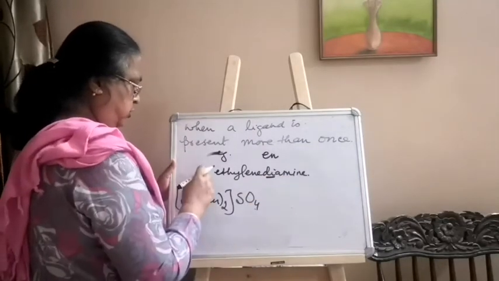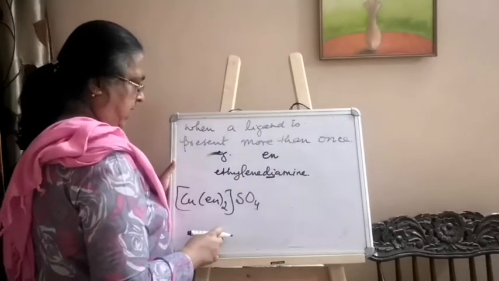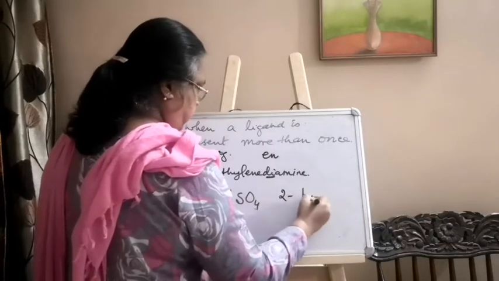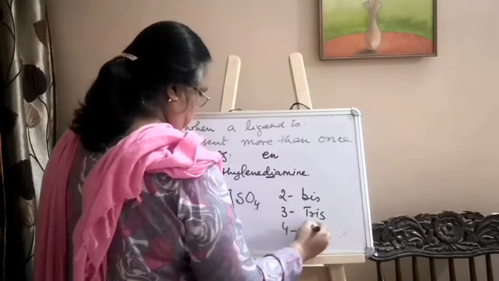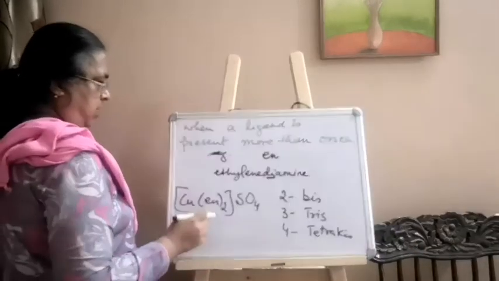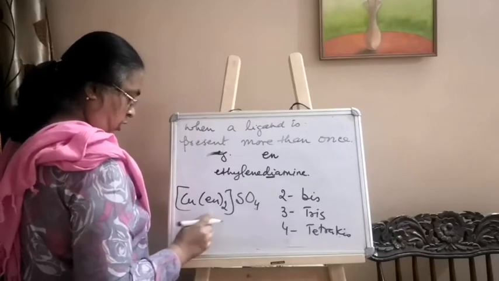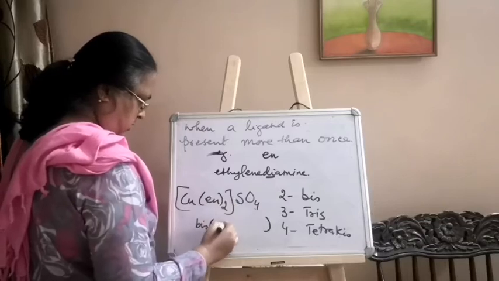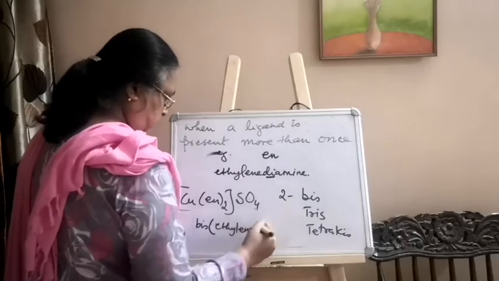So you cannot use here diethylenediamine. Instead, for 2 times you will use bis, for 3 you will use tris, for 4 tetrakis, and so on. So the name will be bis, no hyphen, and in brackets the name of ethylenediamine.